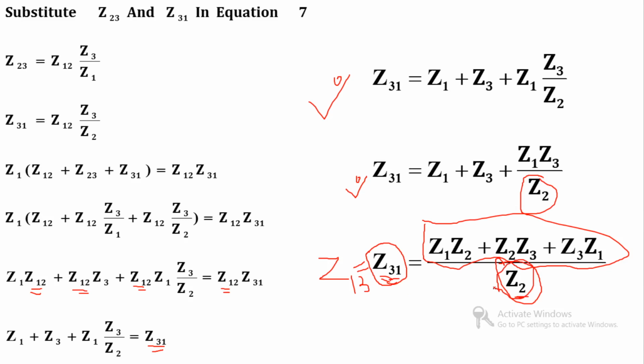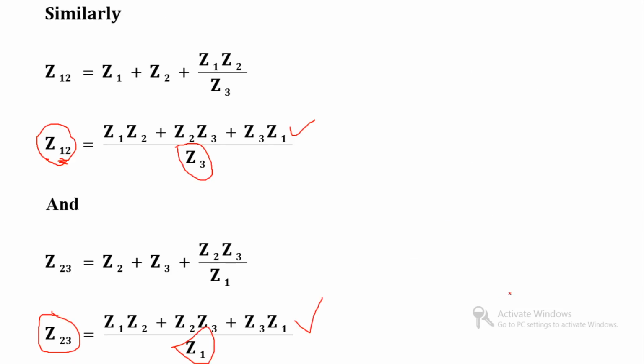That means you have to divide with the remaining branch of the star connection, or you can say the terminal which is not mentioned in your impedance. So, you want to find out Z13, then you have to divide with Z2. You want to find out Z12, then you have to divide with Z3. You want to find out Z23, then you have to divide with Z1.